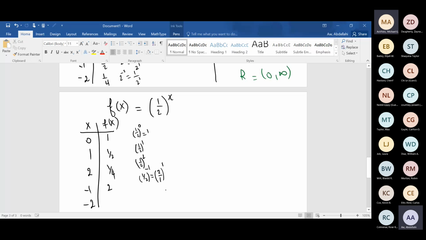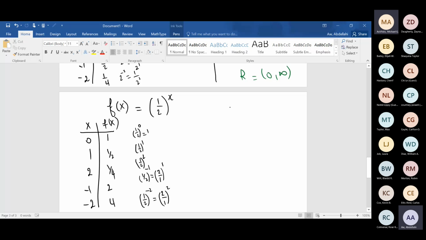And 1/2 to the negative 2 power, how much is that? 4. It's 2/1 to the 2nd power, which is 4.